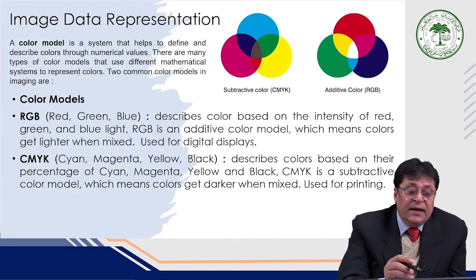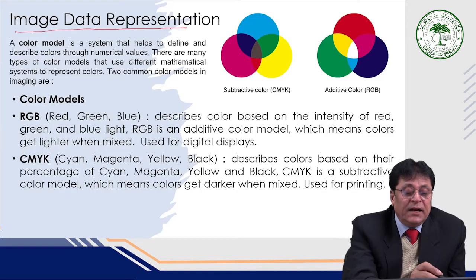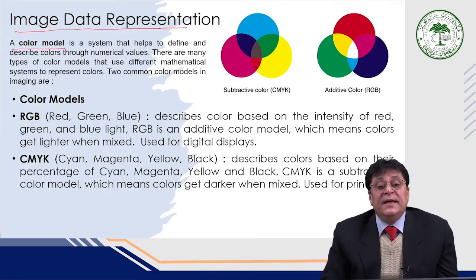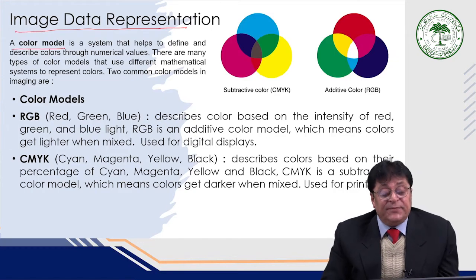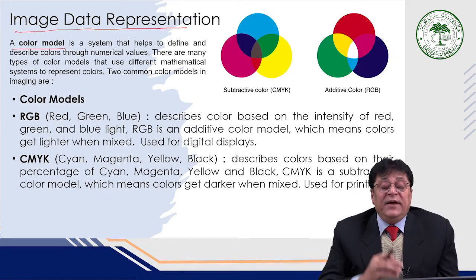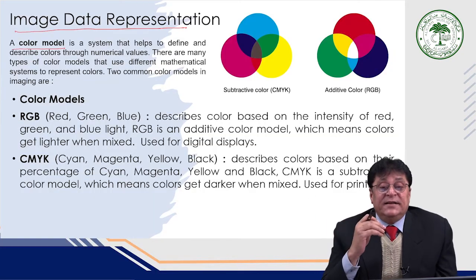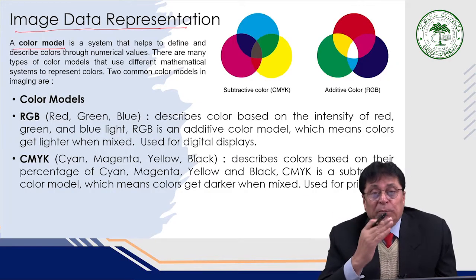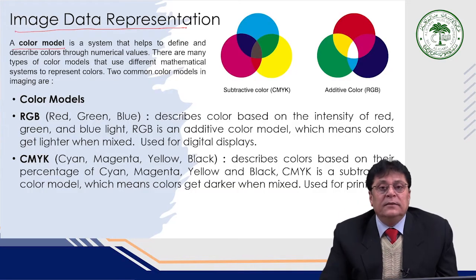Next is image data representation and colors. What is the relationship? See, colors are a very important aspect, and we know the different color names: red, green, blue, black, yellow, and many such colors, and different shades of red, yellow, blue, green, black. But it is difficult to give each a name, right? How can a computer understand these different colors by their name?